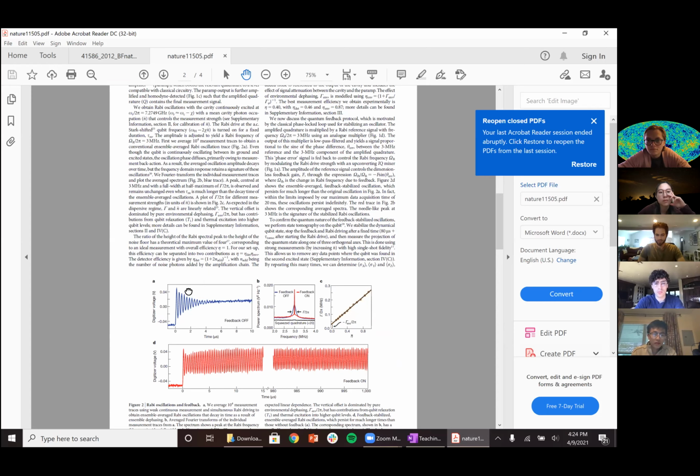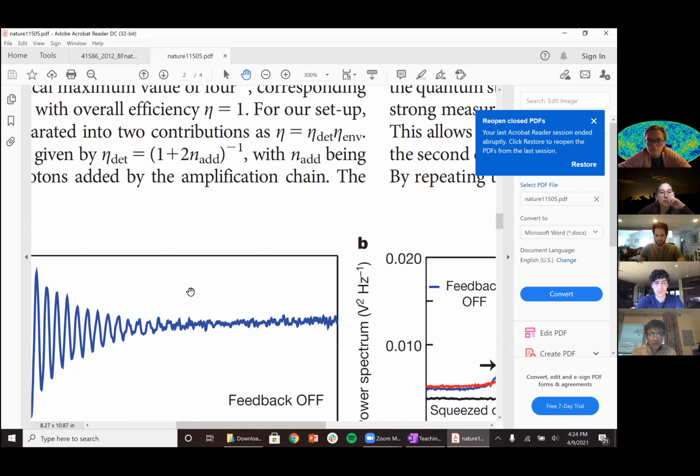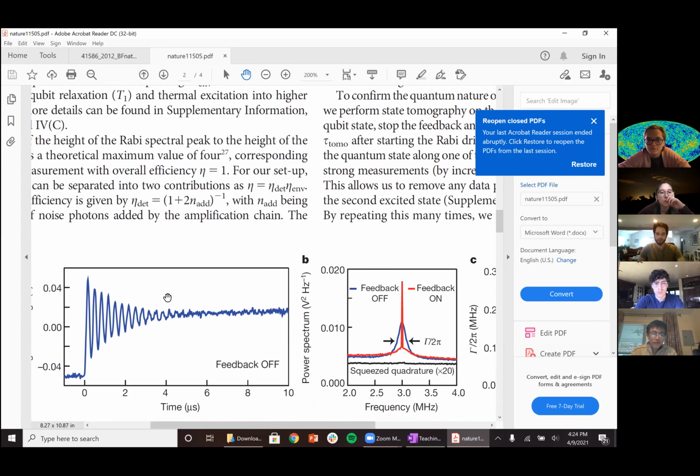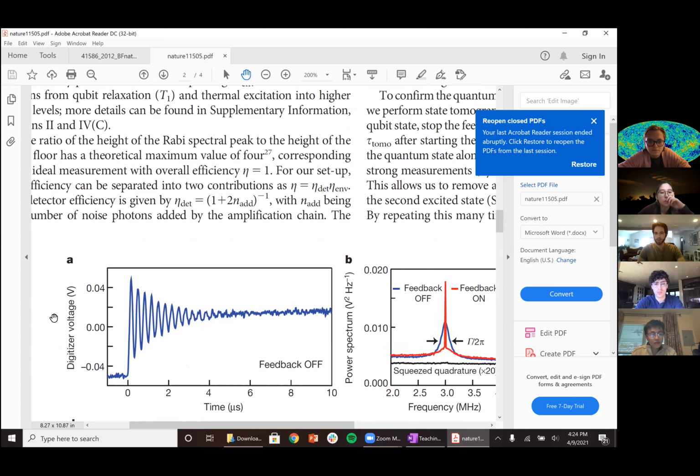What this looks like is in the presence of a measurement, or indeed in the presence of anything that's disturbing your quantum state. If you do a measurement of these Rabi oscillations, you get this oscillatory signal that eventually just decays away to nothing. And that's because this is an average measurement. We're averaging many, many runs together.